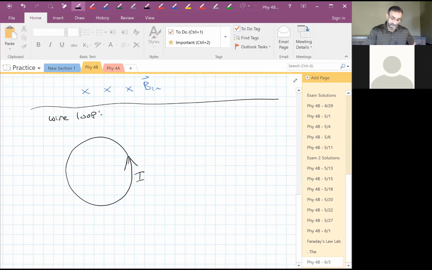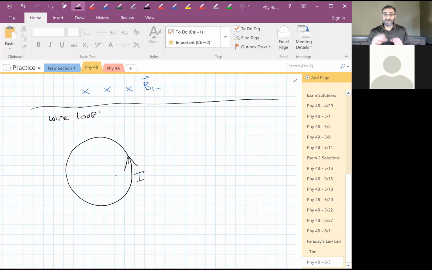Okay, if I'm standing in the middle of that loop, what direction is the magnetic field pointing? Out of the page.